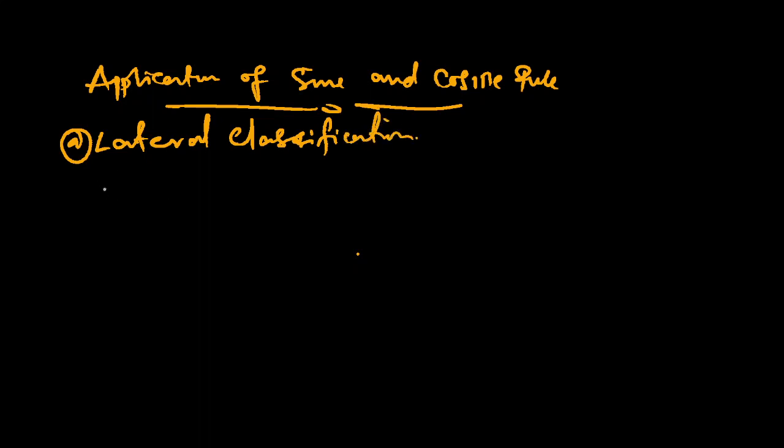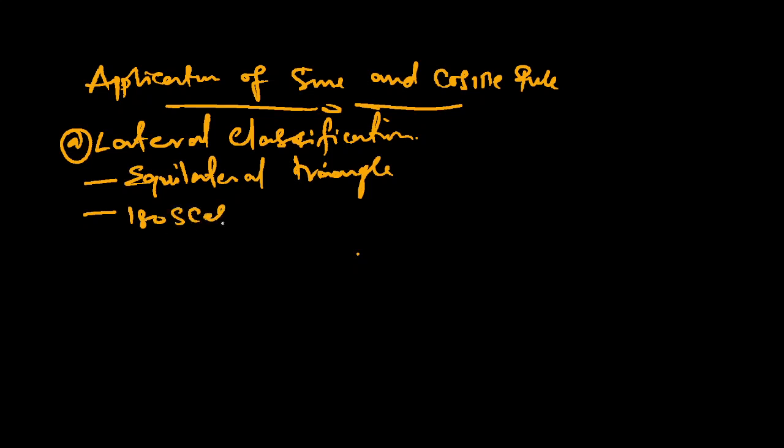So for lateral classification, we have what? Equilateral triangle. We have isosceles triangle. We have scalene triangle.